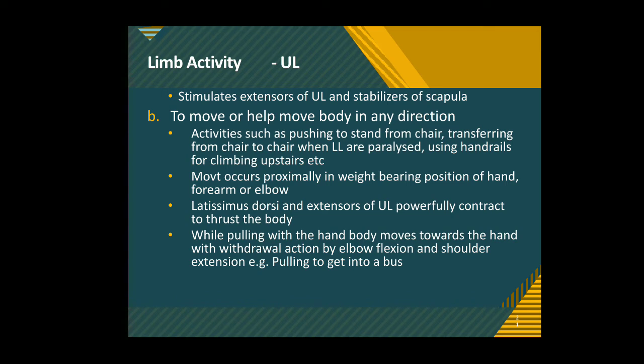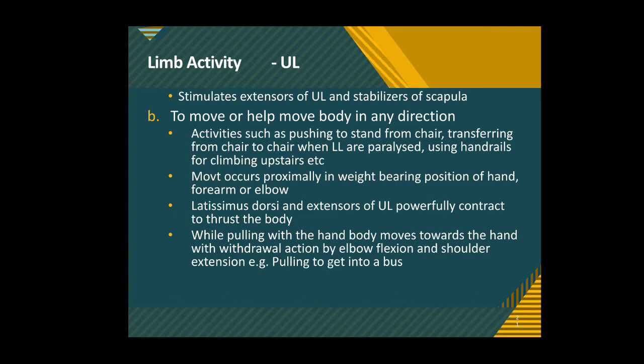The hand pulls the body and moves it towards the stronger side by using withdrawal action of elbow flexors and shoulder extensors. The example is when we are trying to get into a bus, we grab the bar and pull ourselves inside the bus.